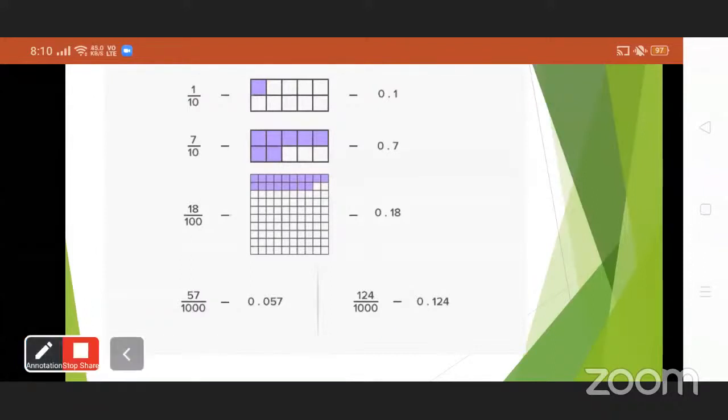Means these all are decimal fractions. What is common in decimal fractions? The denominator is 10, 100, 1000 or any other multiple of 10. Okay.